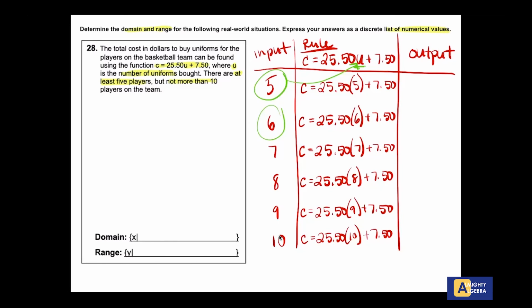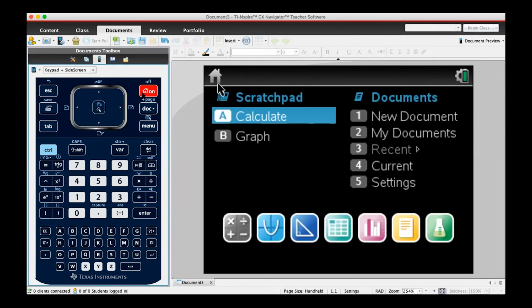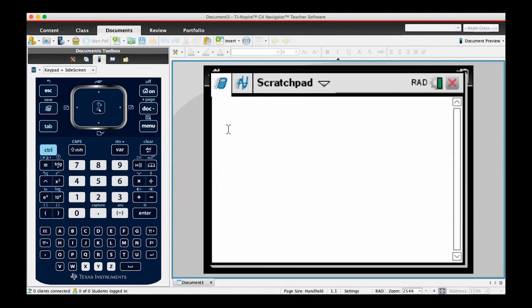Now I'm going to use my calculator to figure out my outputs. From the home page, I'm going to go to the calculator. I'm going to type in my function, 25.50, parentheses 5, plus 7.50. That gives me 135.